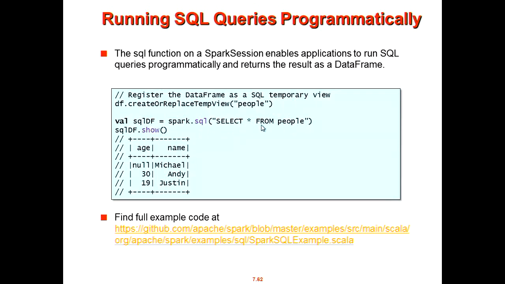So this is a SQL statement, and the result is a table, right? Then the table will be stored as a data frame. So later you can use show or some other operations to operate on the table. So here is the result. And there are many examples available on this page. You can see the full example code in this link.